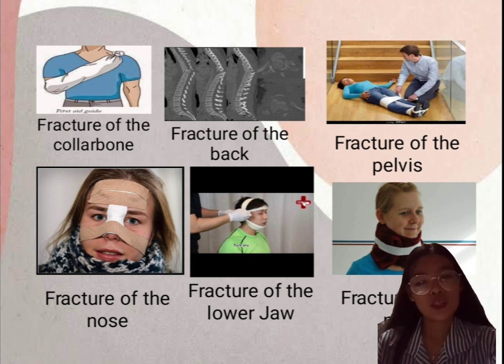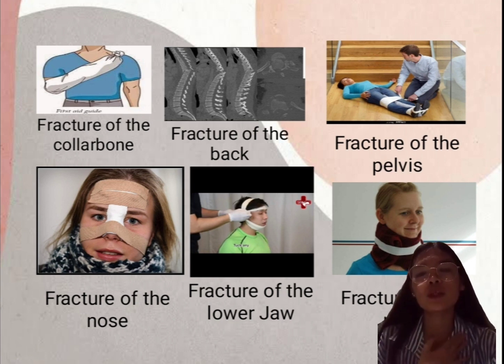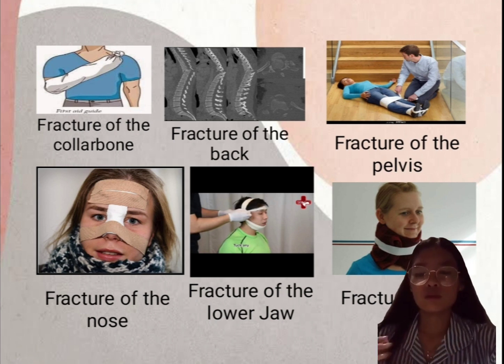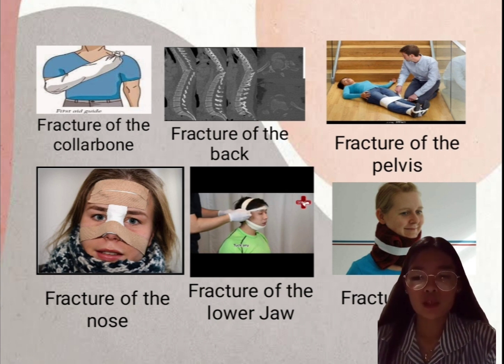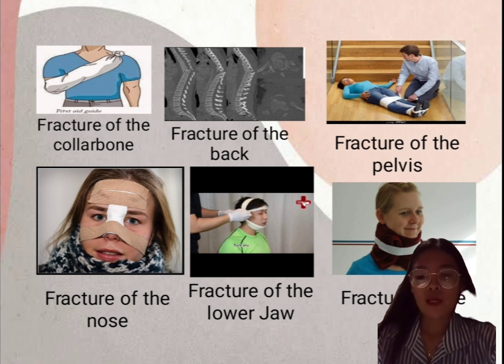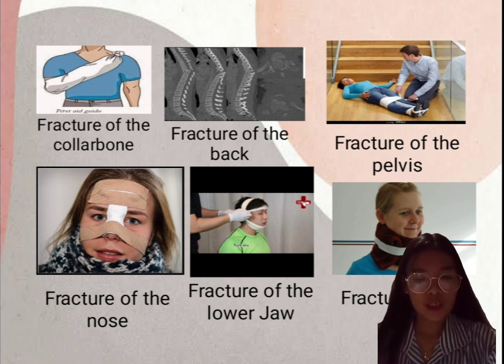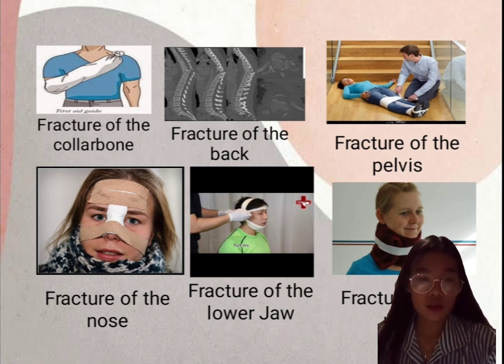So now, let's proceed to the fractures of the collarbone. The collarbone is somewhere around here. It can't be seen. Fractures can usually be felt by passing the fingers along the collarbone. Swelling, of course. Possibly there is some deformity and tenderness in the area. Patients usually try to raise the arm above the shoulder and support it at the elbow by the hand of the other arm.